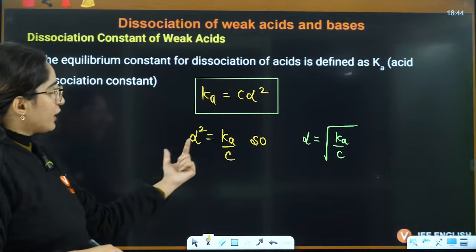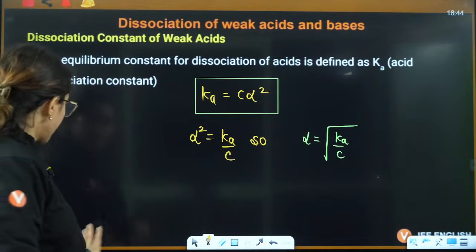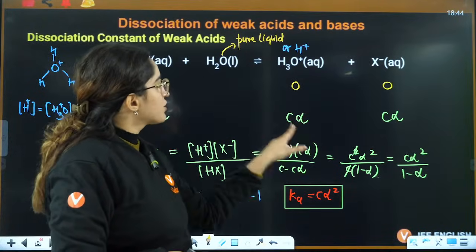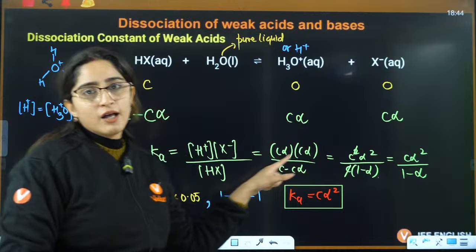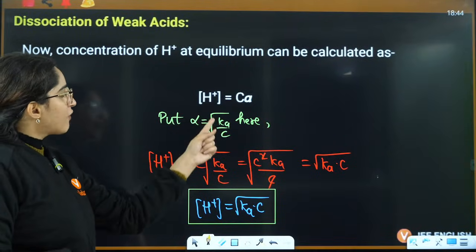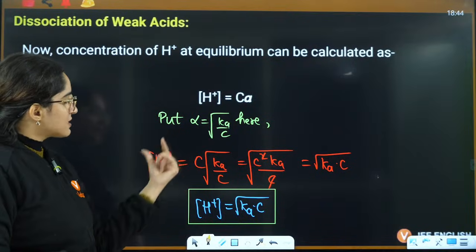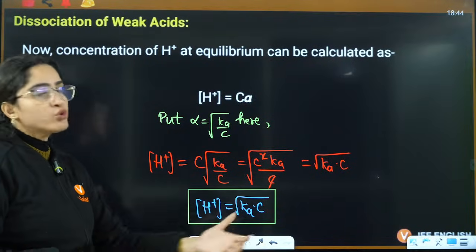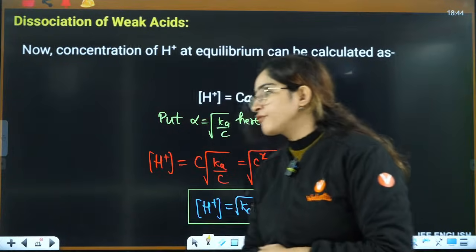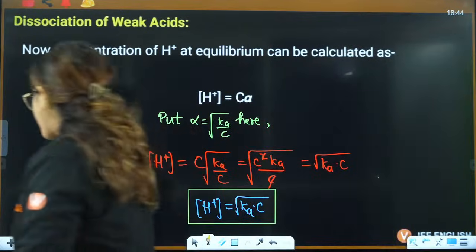Then calculate the value of alpha, that is under root Ka by C. Then we know that H positive concentration is nothing but C alpha, so we put the value of alpha is equals to under root Ka by C, and you will get under root of Ka into C as the H positive concentration.